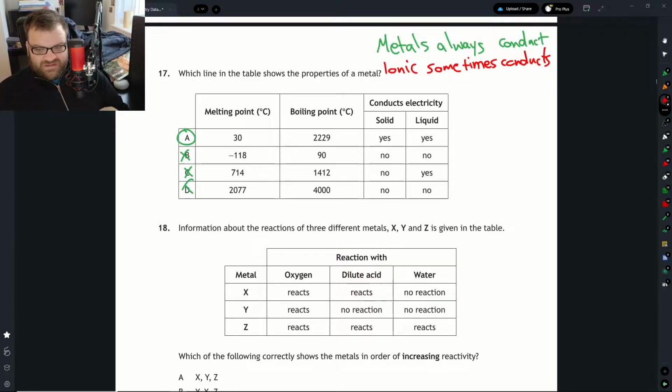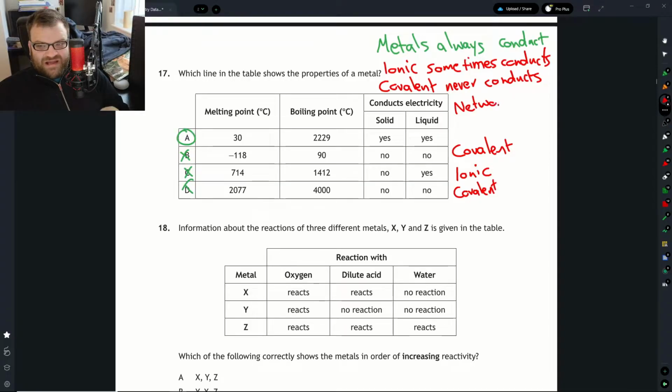And that would lead us to C being the right answer. Covalent never conducts unless it's carbon graphite. It's usually never carbon graphite. That leads us to B and D being our covalent chemicals.